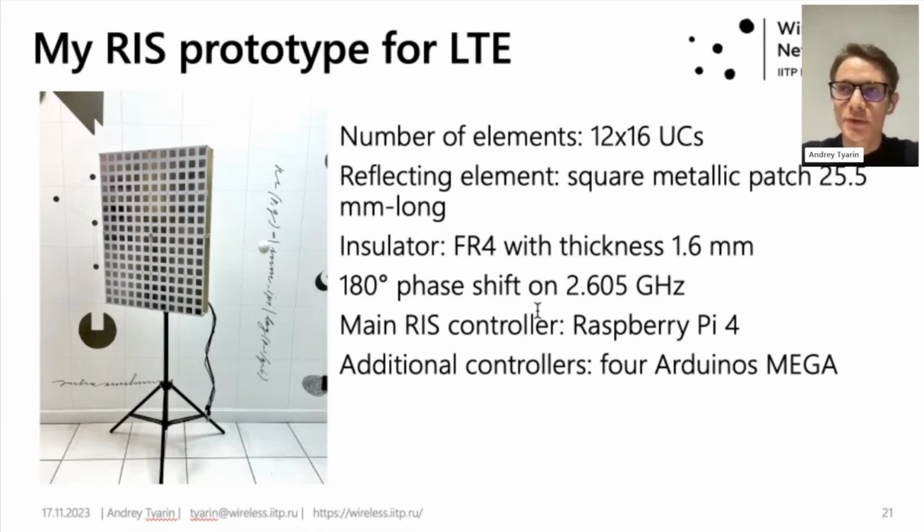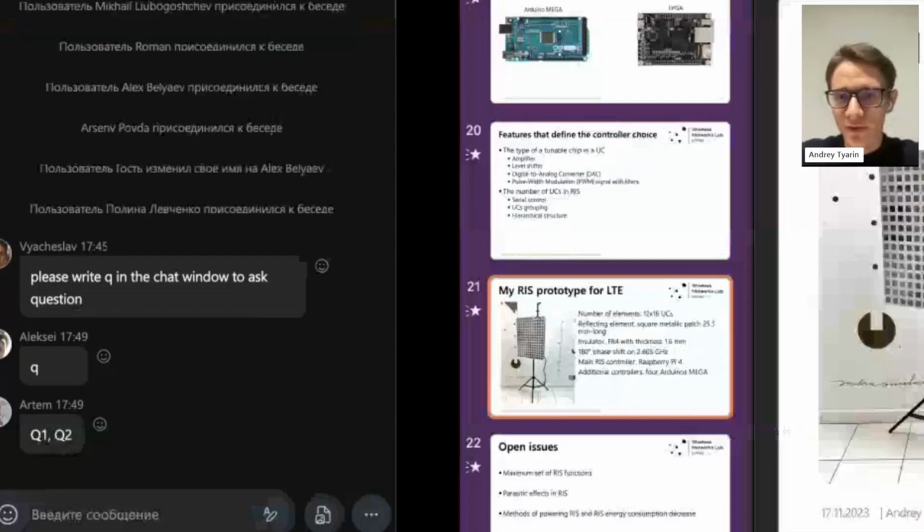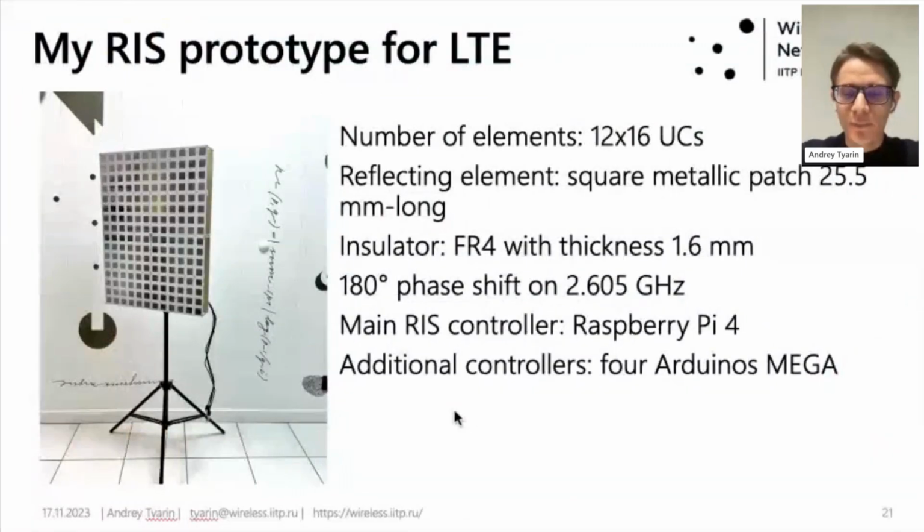The first experiment is an indoor to outdoor scenario. The distance between RIS and TX is around 200 meters.